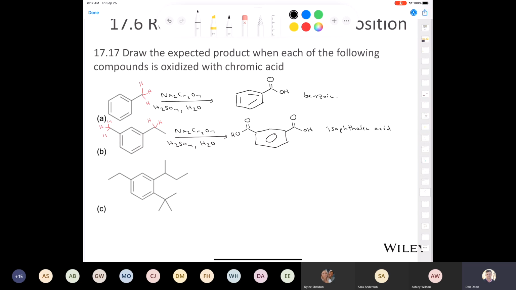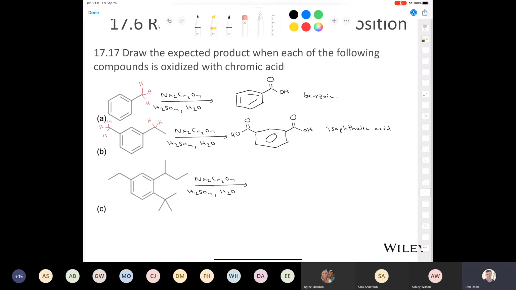I'm going to give you a second to draw the product of the next one. Okay, can anybody tell me how many carboxylic acids will there be in the final product here?